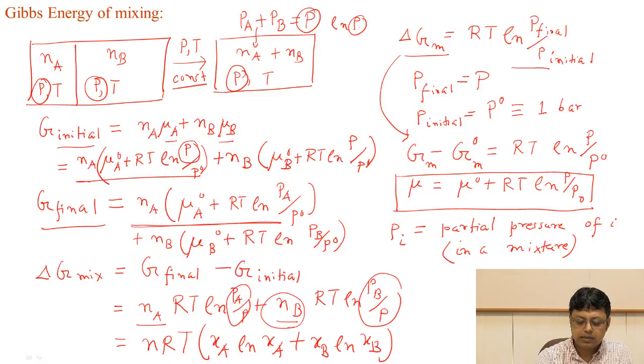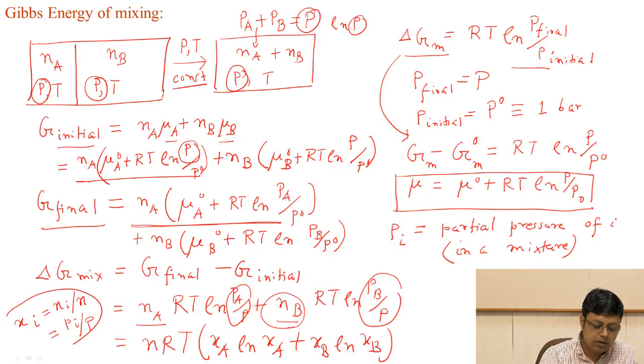So this XA came from the definition that Xi is nothing but Ni divided by N. So we wrote instead of Ni, which is Na and Nb, as N into Xi, and then we took nRT common, and for this part we took the definition that the mole fraction is also defined as partial pressure divided by the total pressure.